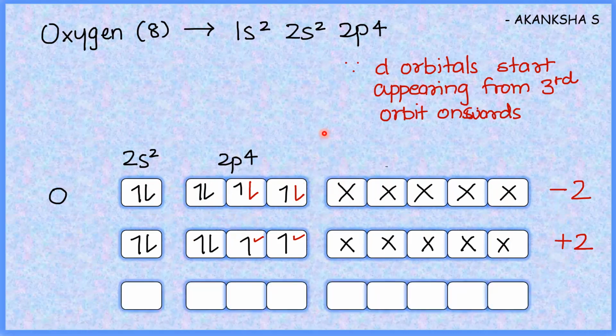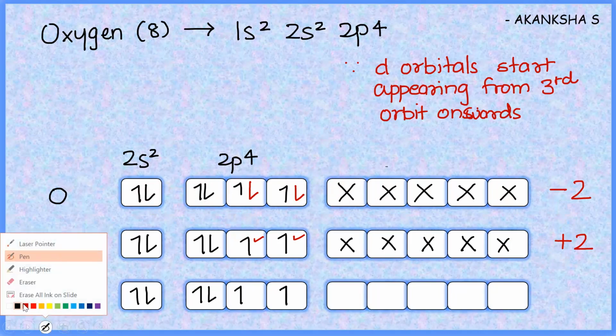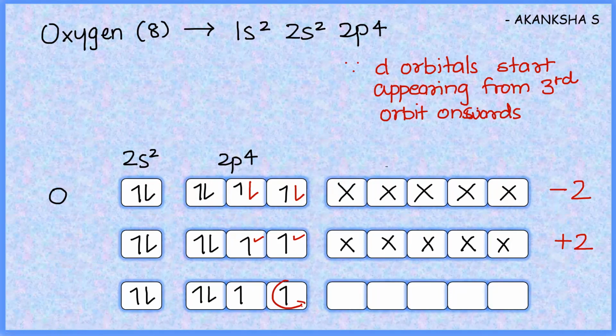Another rarely occurring oxidation state: if one electron is lost, it becomes +1. If you gain one electron, it becomes -1. Very rare phenomenon, but yes, that can happen.